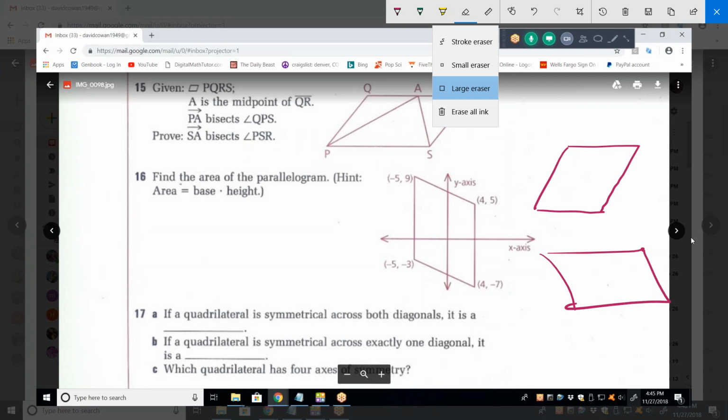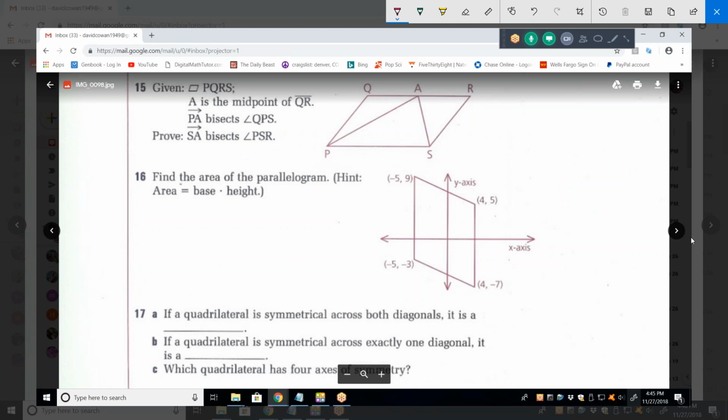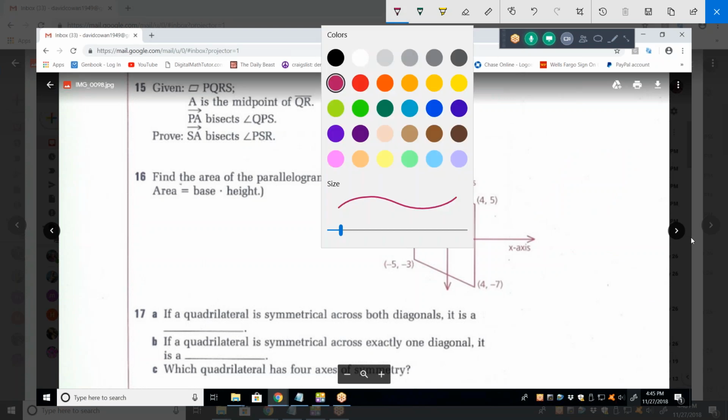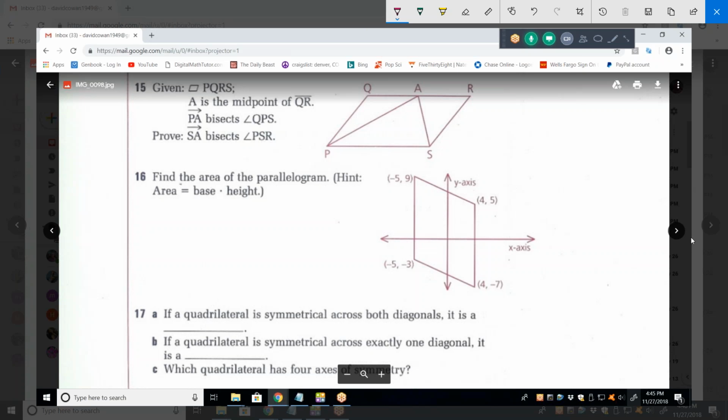So, okay, I'll go with square. Sometimes these things, you kind of have to just try all the various possibilities, going more and more specific until you get the most specific one.